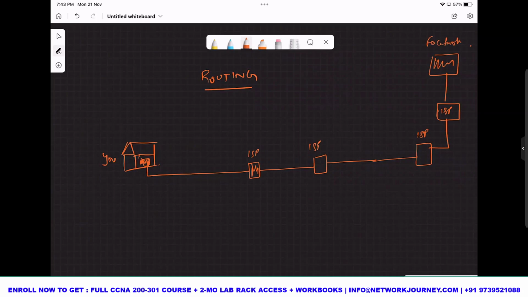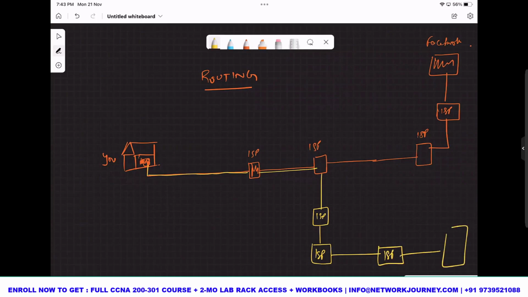Let's say you're accessing something else, Twitter. Maybe you're using your service, it goes to the ISP. Then the Twitter might be located in a different region, so it goes to ISP, ISP, ISP, and then the Twitter head office or data center is located.